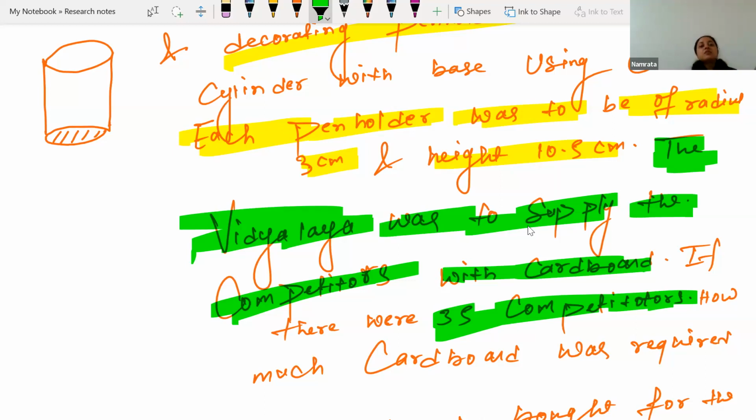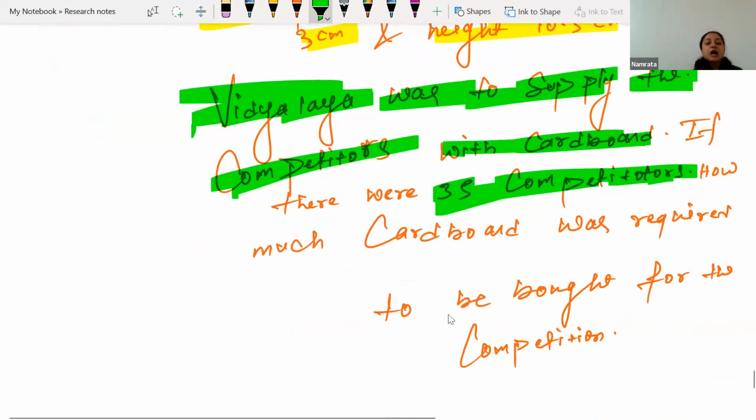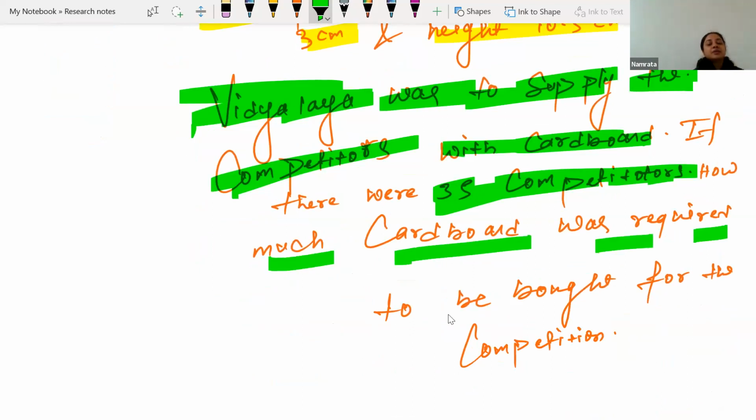And how many pen holders are they going to make in total? In total, 35 pen holders. Okay. For making 35 pen holders, how much cardboard was required? How much cardboard will the school buy from the market, so that they can provide it to 35 competitors, so that they can make 35 pen holders?